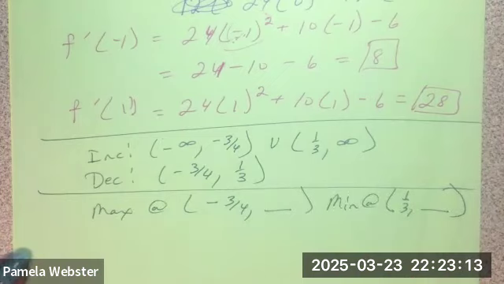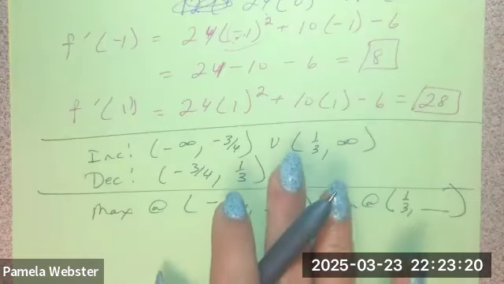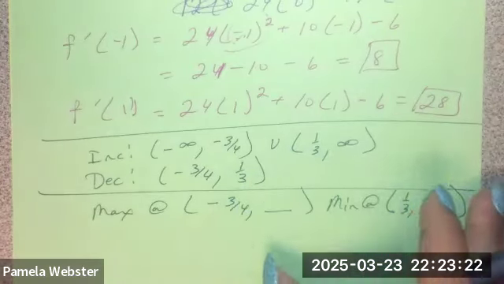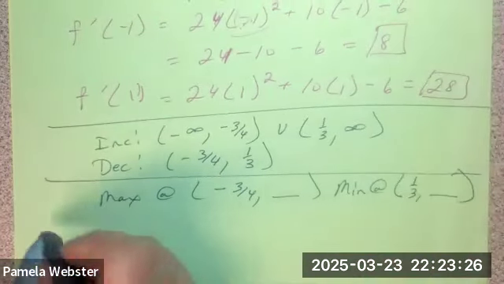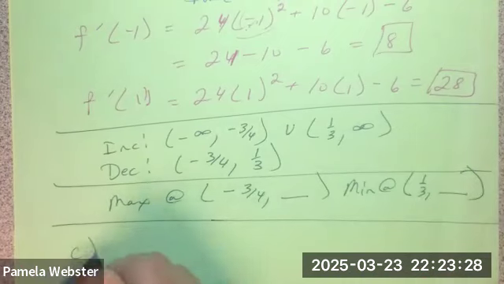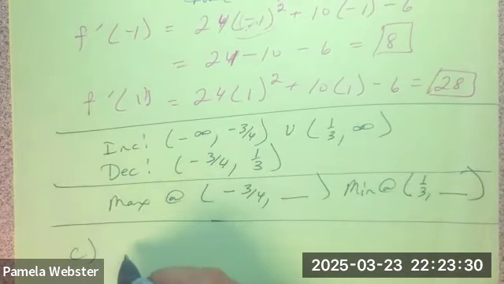Okay. So hang on. Let me see where I was. I'm sorry. This is 13. Use the first derivative to find all that stuff. That's still part B. All of that's part B. All right. C says, find the second derivative.